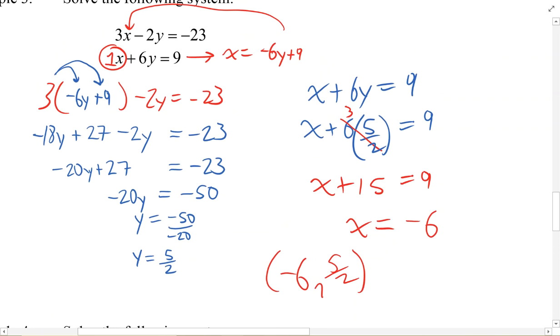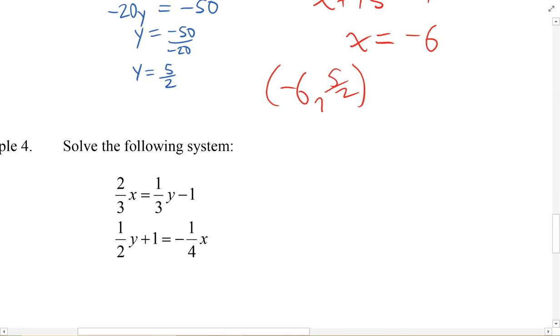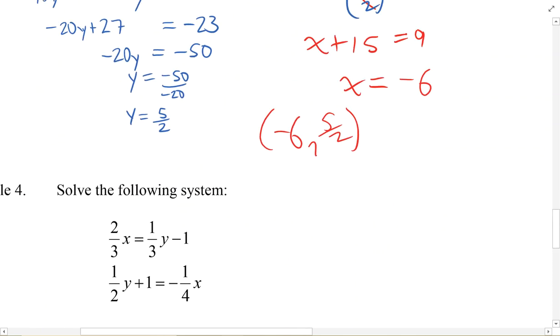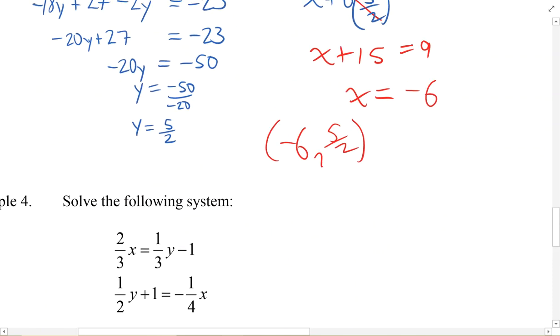Now, you could do some crazy solutions with this stuff, but let's not. All right, what about this one? Whoa, awesome. What would you do? First of all, I would get rid of the fractiony fractions.